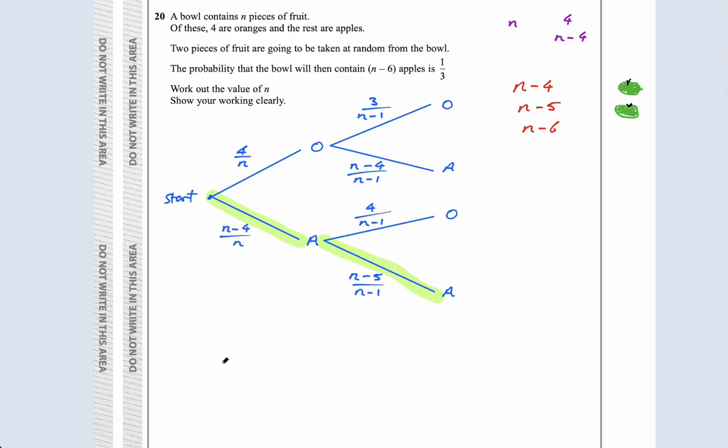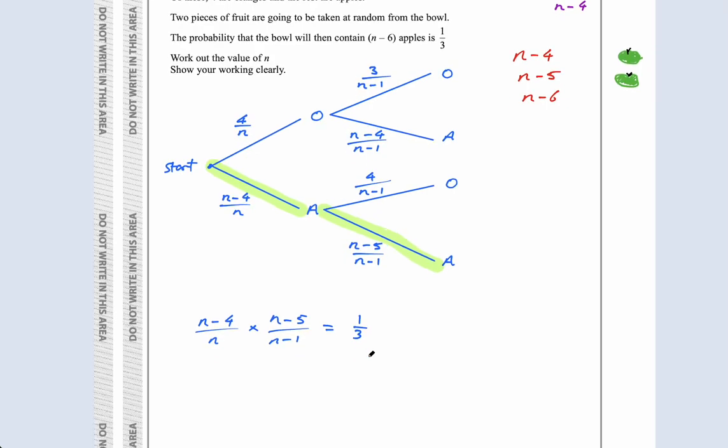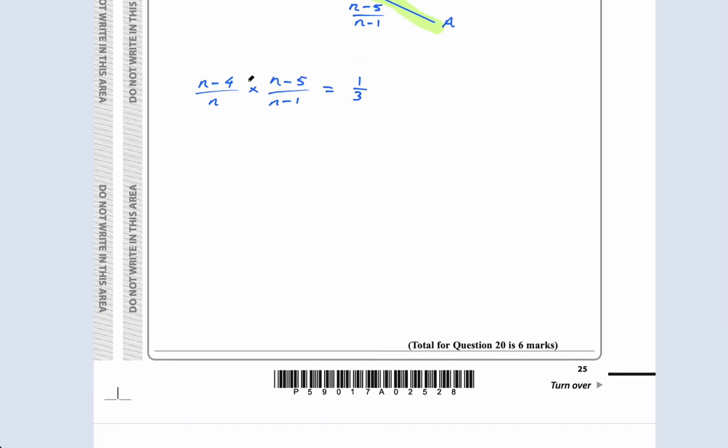So I can say n minus 4 over n times n minus 5 over n minus 1. Remember, we multiply along the branches. This equals a third. And now I just have to solve this, which isn't actually that easy to do, but let's try. So it's obviously a quadratic.